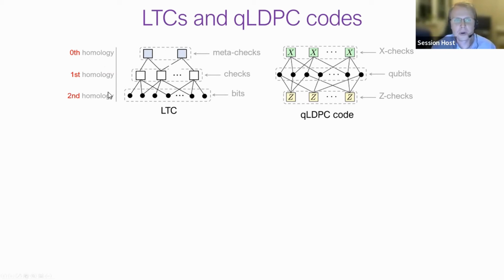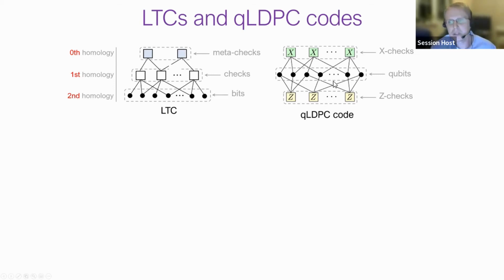So we can consider the same object, but interpret it in different ways. In the first interpretation, we interpret this level as bits, and this as checks, and this as meta checks. In this way, we obtain locally testable codes, and it corresponds to the code of the second homology.